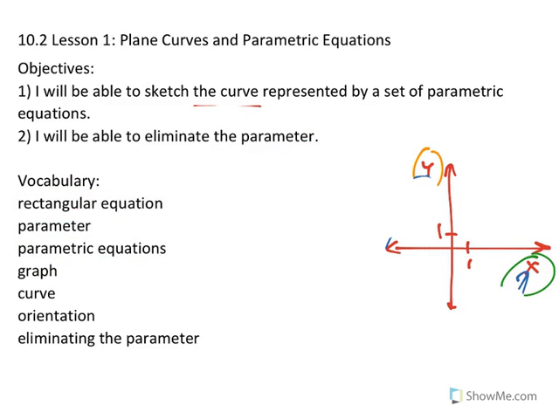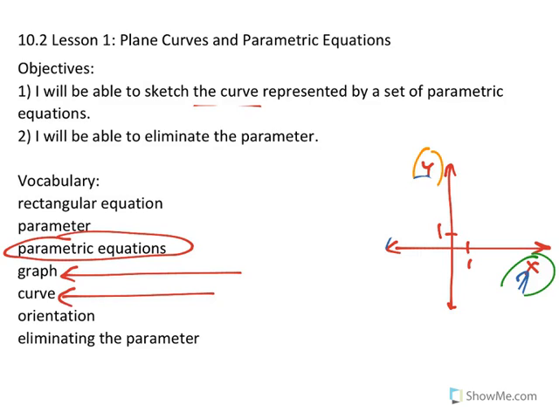Because of the additional information given by parametric equations, we make a distinction between graph and curve. So the graph would be just a set of points in the xy plane, and it could represent, for example, the path followed by an object as it is moving in the xy plane. And that would be it. But the curve gives more information. It includes the graph, and it includes the set of parametric equations from which we obtain the graph.